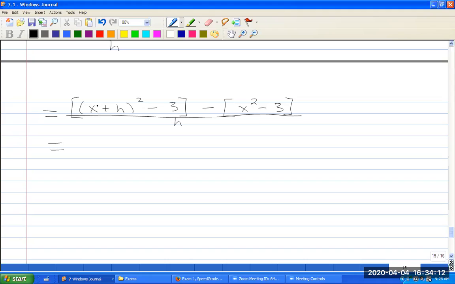By the special product formula, x plus h quantity squared is x squared plus 2xh plus h squared minus 3 minus, let's change all the signs inside the parentheses since I have a negative sign outside the parentheses. So this becomes a negative x squared plus 3, all divided by h. Now let's see if I can do some cancellation. Well, the x squares cancel and the 3's cancel.